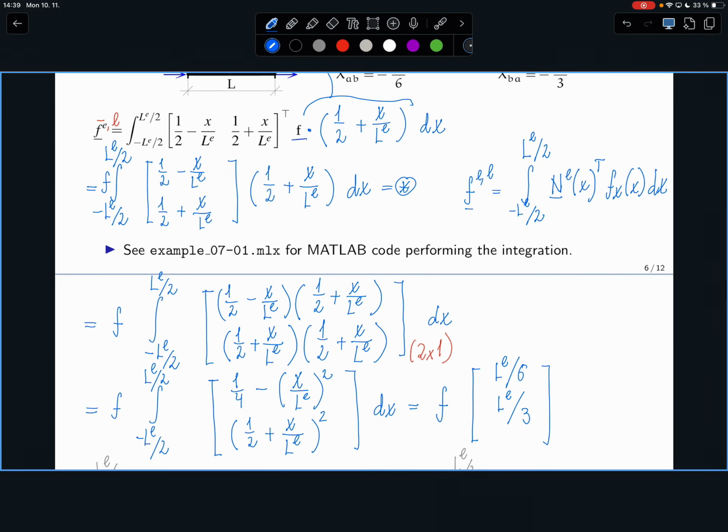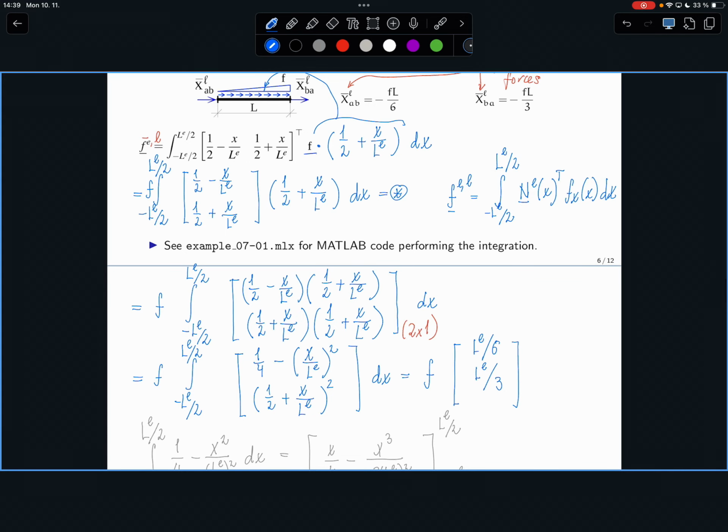Now, if you recall what the original assignment was, it turns out that this is the value X_AB local, this is the value X_BA local, but with the opposite sign. So just to make a connection to structural mechanics 3, this is minus X_BA local, and this is minus X_AB. These are the guys from structural mechanics 3.